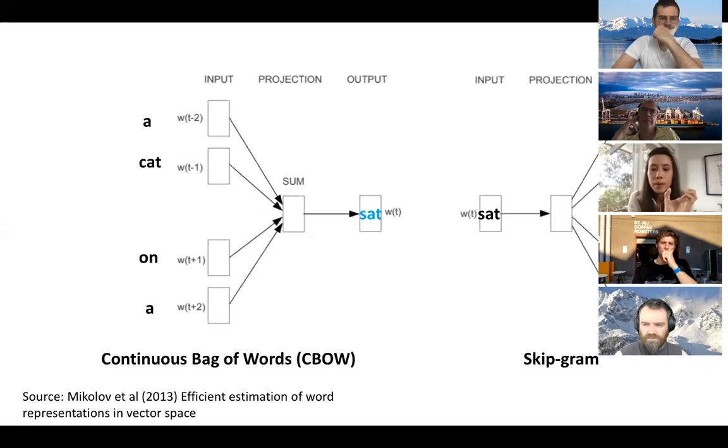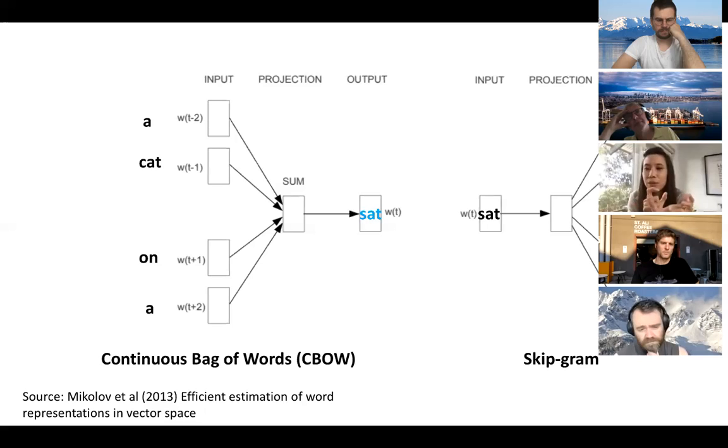The other architecture is called the skipgram model, where instead we take a given word, so "sat," and predict the surrounding words. Both these architectures have been shown to perform relatively well, but both have pros and cons.